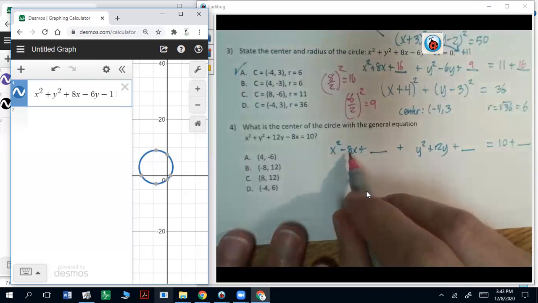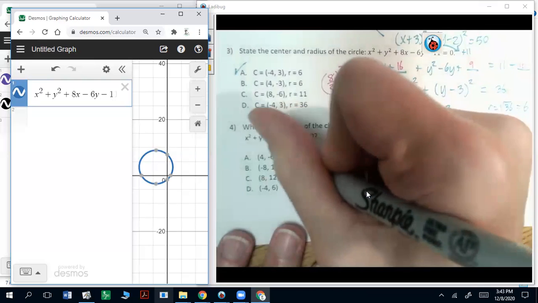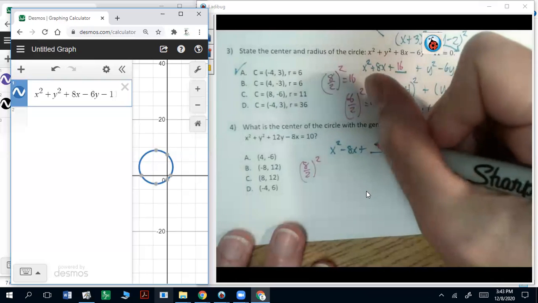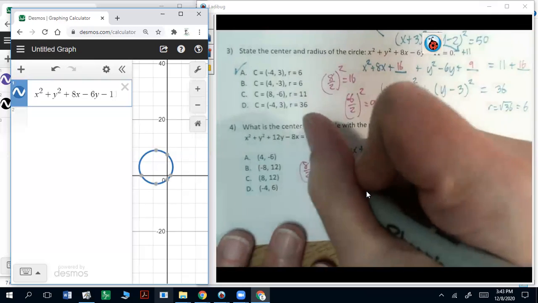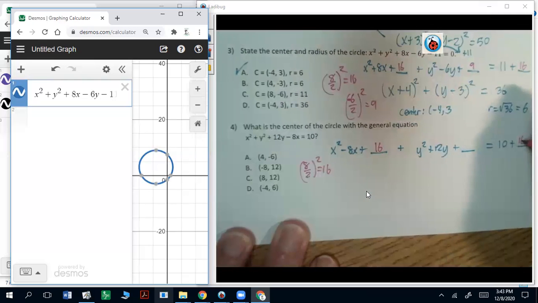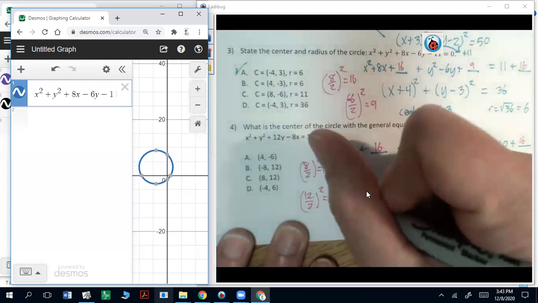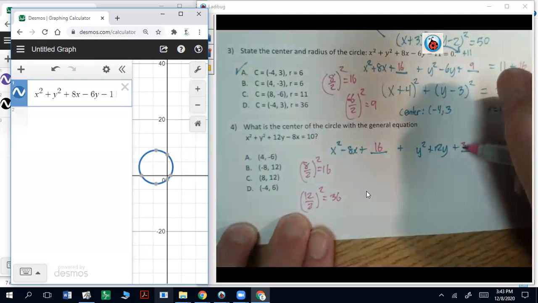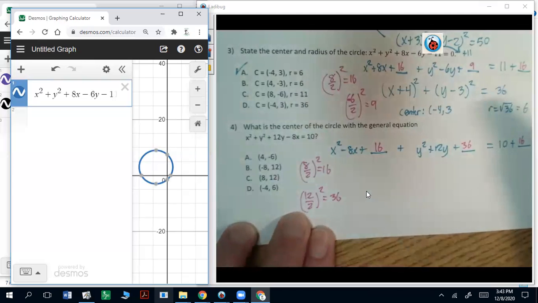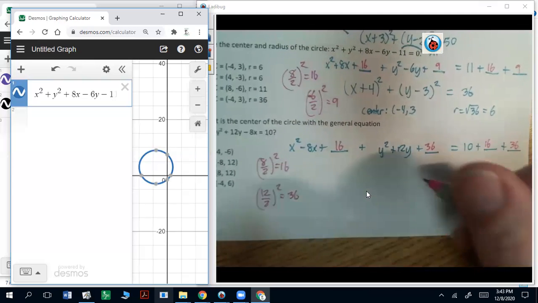Completing the square, 8 divided by 2, squared. That's 4 squared, which is 16. We'll put that there. 12 divided by 2, squared. 6 squared is 36. Put that there. And then factor it out.